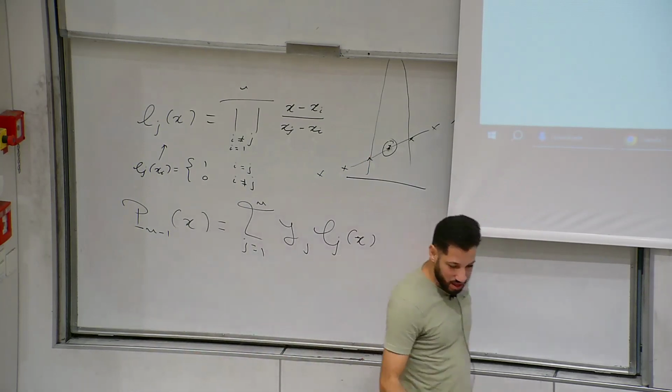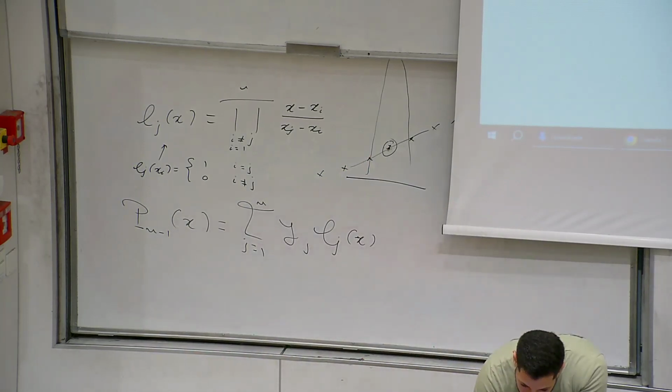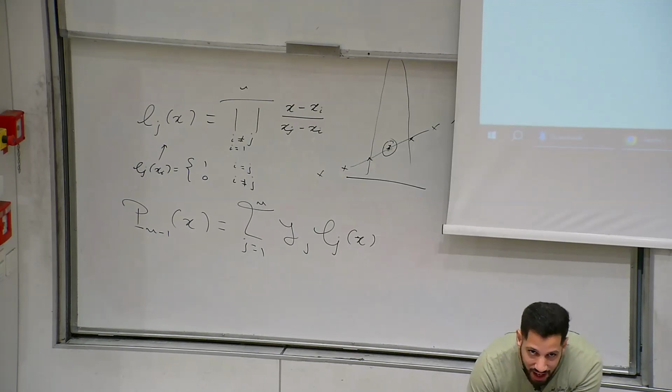So why is that? Because when we built this polynomial, again, all the values here were supposed to be set to 0, and this is supposed to be set to 1.